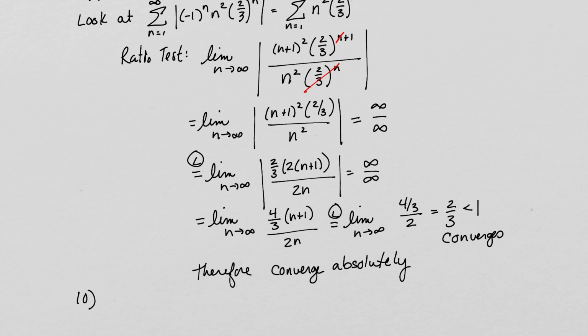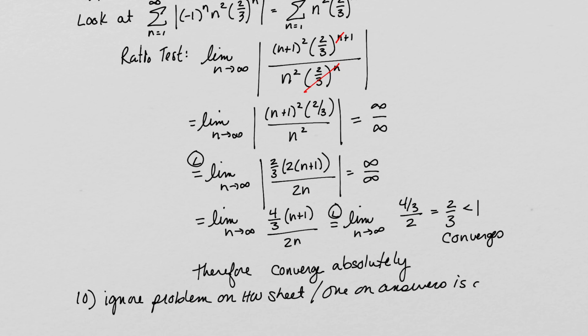The homework sheet problem is terrible, so you can ignore the problem on the homework sheet. If you want a problem to try, then I would try the one that's on the answers, right? So the one on the answers is okay.